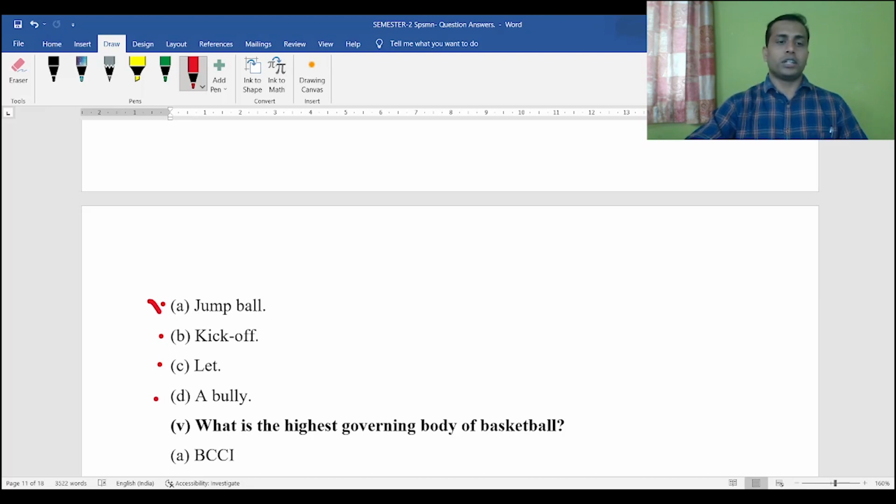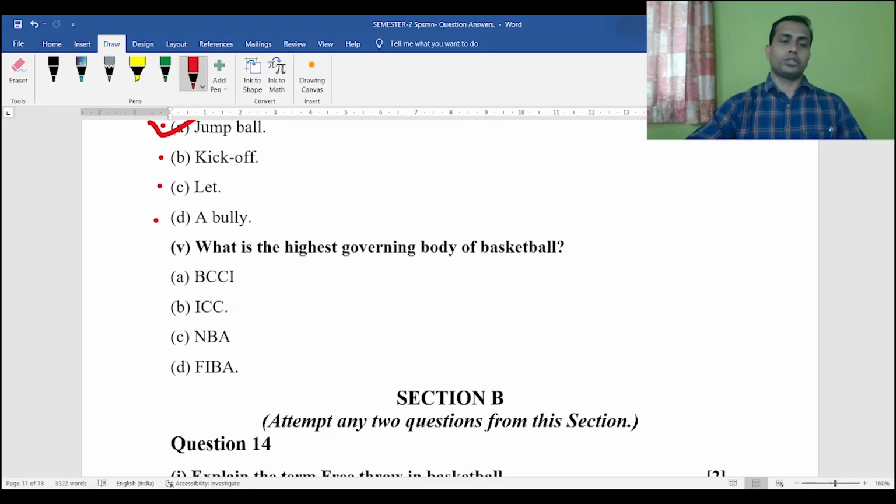The answer will always be jump ball. Next question: what is the highest governing body of basketball? BCCI, ICC, NBA, FIBA. The answer will be FIBA.